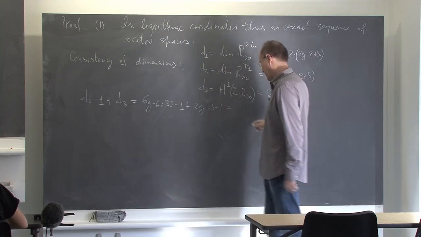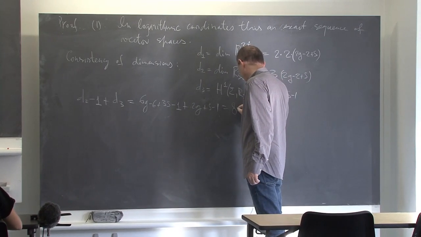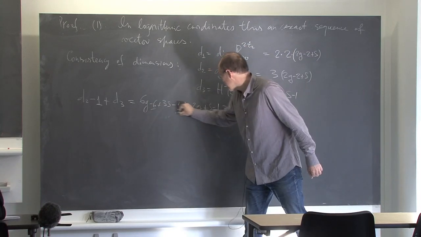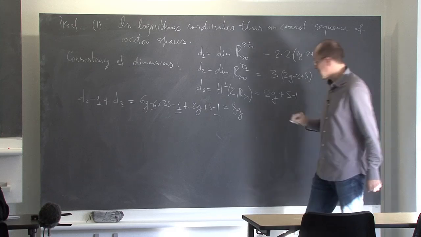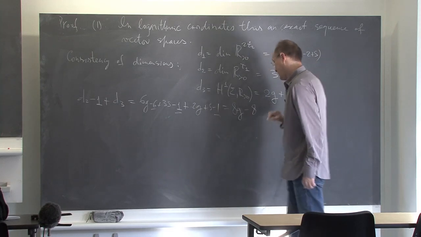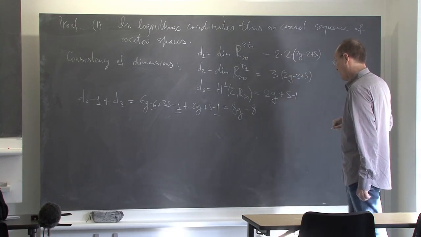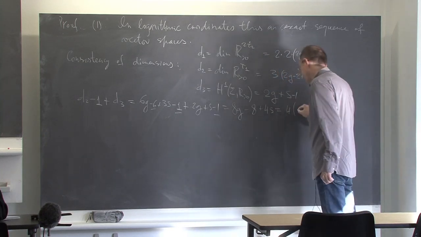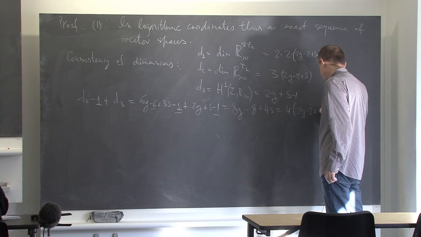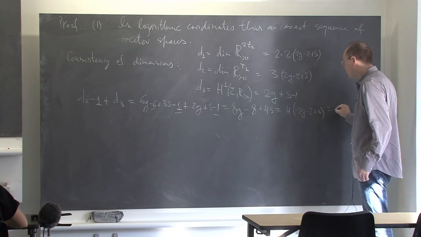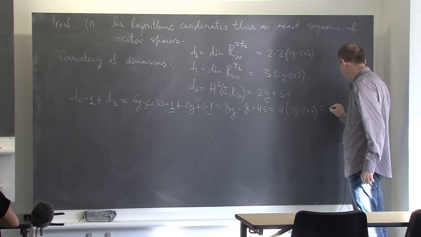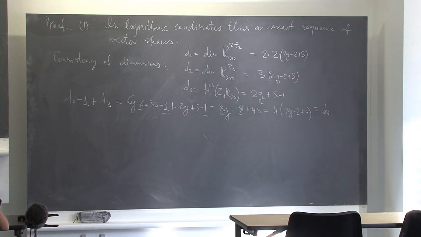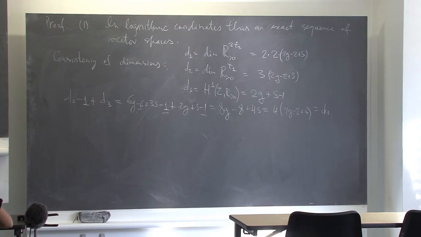So we have 6G plus 2G is 8G minus 6 minus 1 minus 1 minus 8 and plus 4s. And this is equal to 4 times 2g minus 2 plus s, which is exactly D1. Okay, so on the level of dimensions, everything works fine.